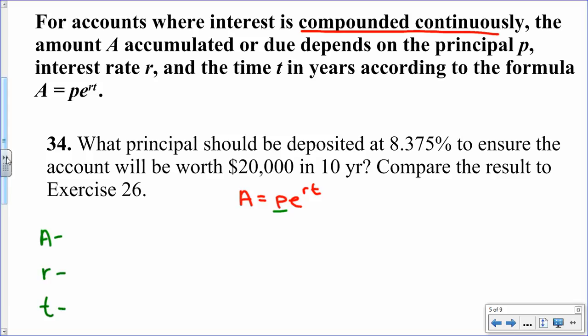So this is like 26, the one we just did. So my final amount is 20,000. My rate is 0.08375. And 10 is the number of years.